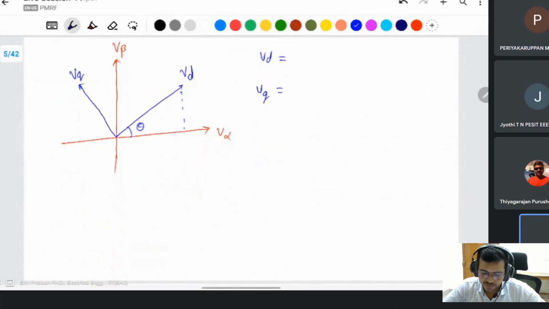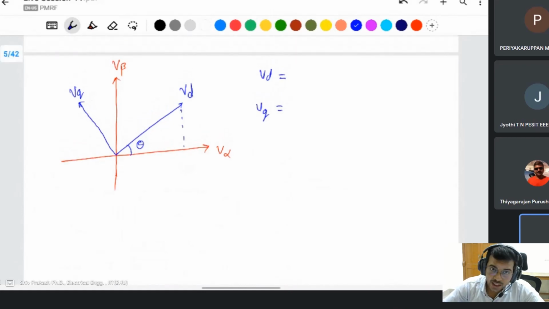After that, you calculate VD and VQ. Same thing, same projection and same angle. Then what is the effect of V alpha on VD?